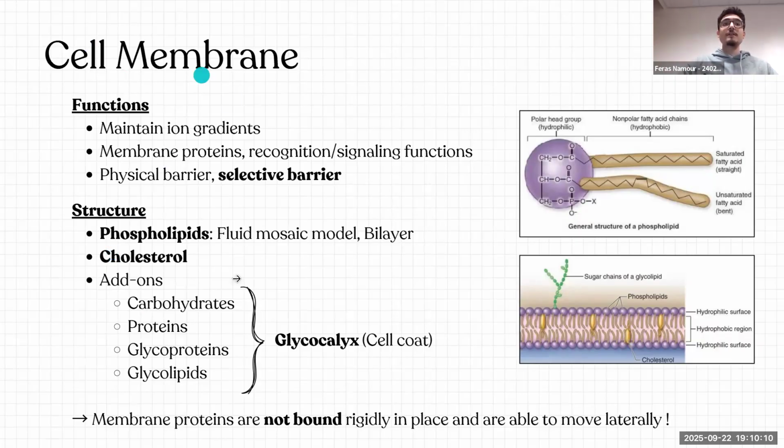So the structure of my cell membrane is made out of phospholipids, cholesterol, and extra add-ons that we're going to discuss. Let's briefly talk about phospholipids. You guys should know this from high school. A phospholipid is basically an organic molecule that is composed of a phosphate group and a fatty acid lipid compartment.